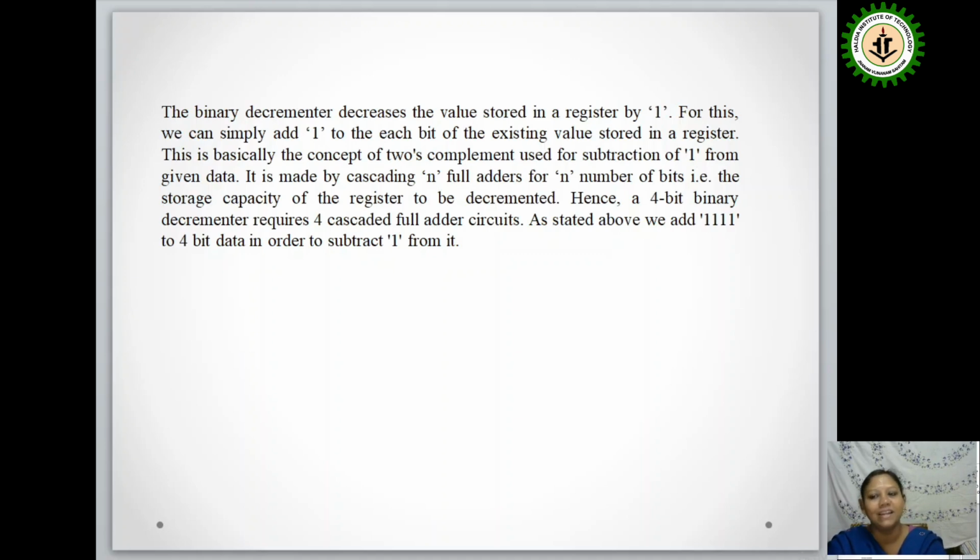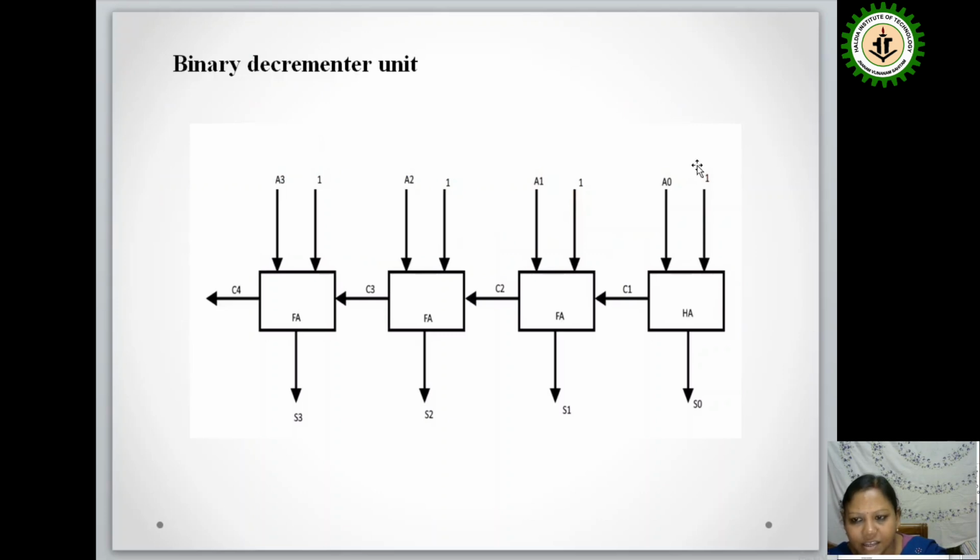If we convert minus 1 into its equivalent binary, it is 1, 1, 1, 1, in 2's complement form. So this 1, 1, 1, 1 passes into the circuit. A0, A1, A2, A3 is your original value, and the second input is 1, 1, 1, 1, the binary minus 1.